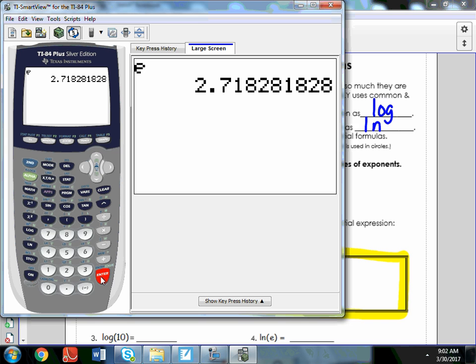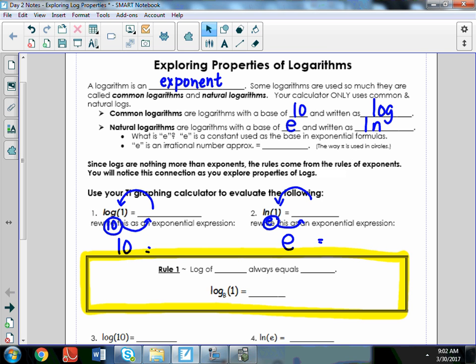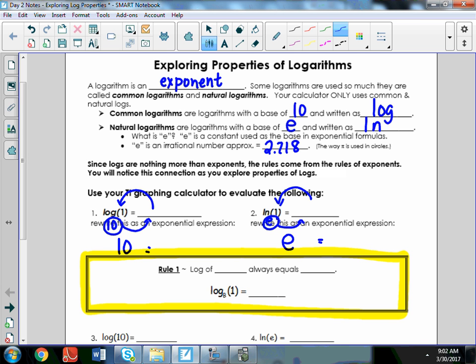So it's a constant, and it's better to use the key E so you don't have to round it. But it's about 2.718. So if you were to be asked that, you could find it in your calculator. We're rounding because it's an irrational number. It never ends.